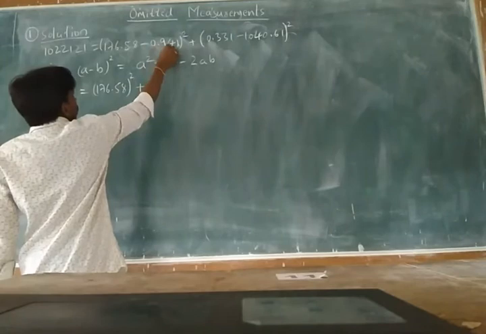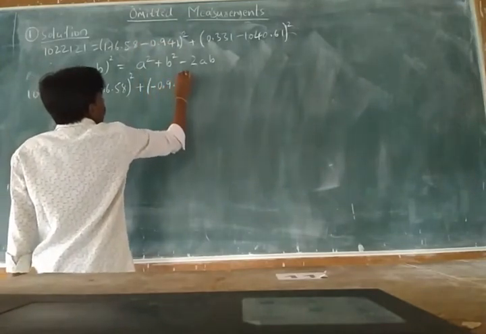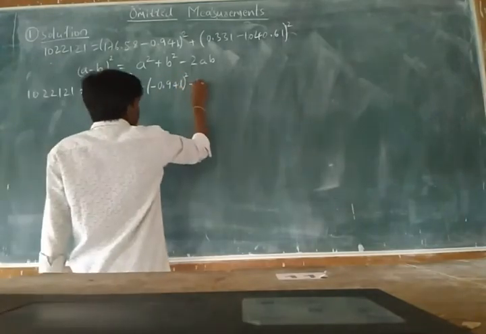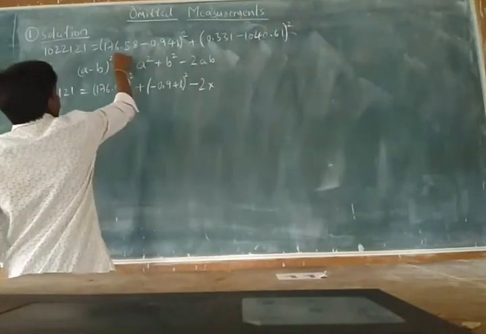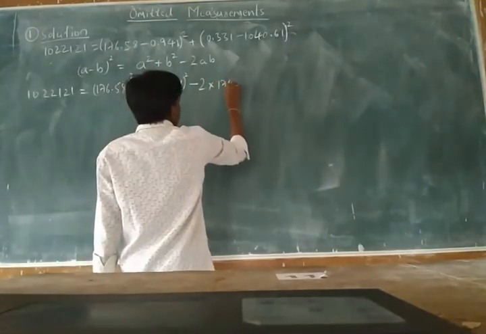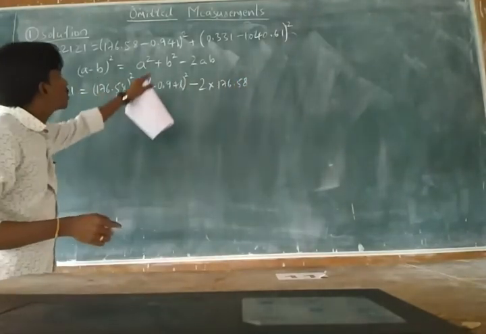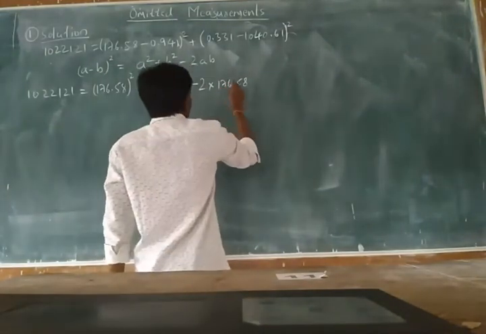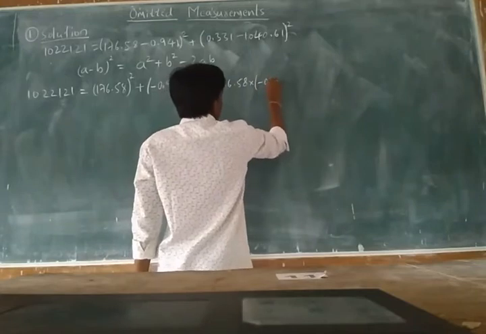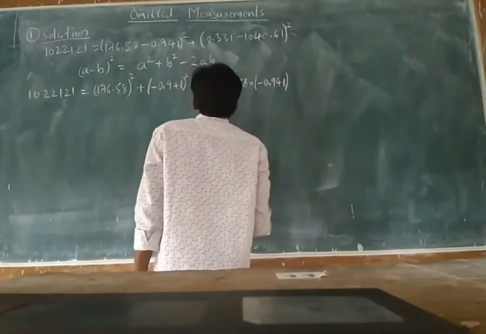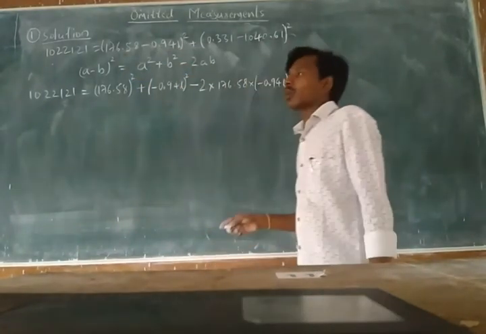Here 0.94 has the minus sign, so use the minus sign, minus 0.94 L whole square, minus 2 into a into b. So write 2 into a, which is 176.58, multiplied by b. The b value is minus, so again multiplied by minus 0.94 L. So this is for the first numericals.